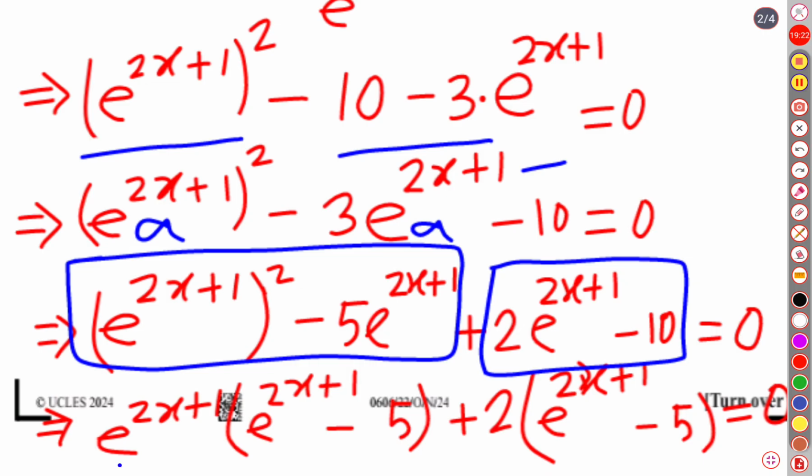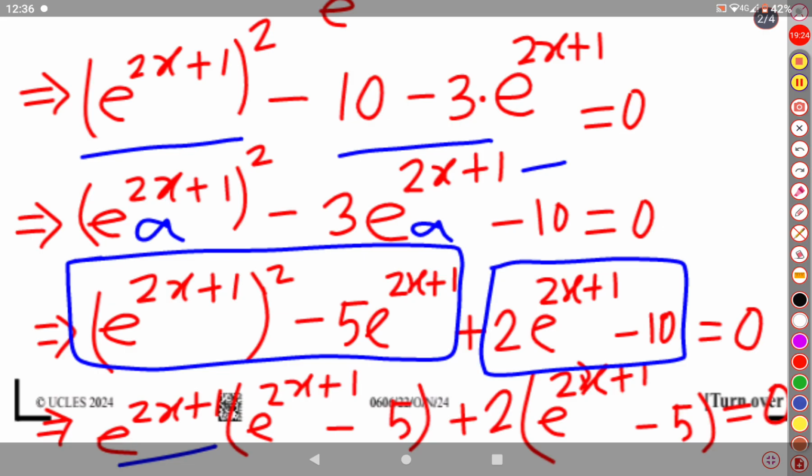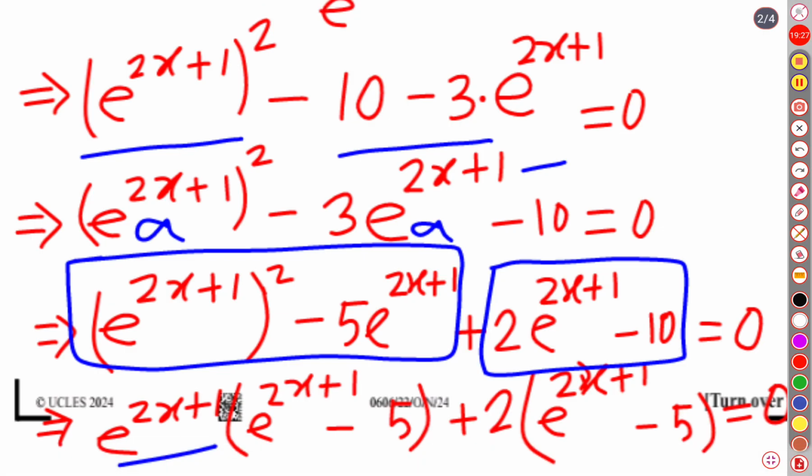Taking it common, from the first term one factor remains, since it is a square, and from the second quantity there remains only minus 5. From the second pair, if 2 is taken common, it will be e raised to 2x plus 1 minus 5. These two factors are the same, as I showed in the previous explanation a few seconds back: it is actually a minus 5 and a plus 2.